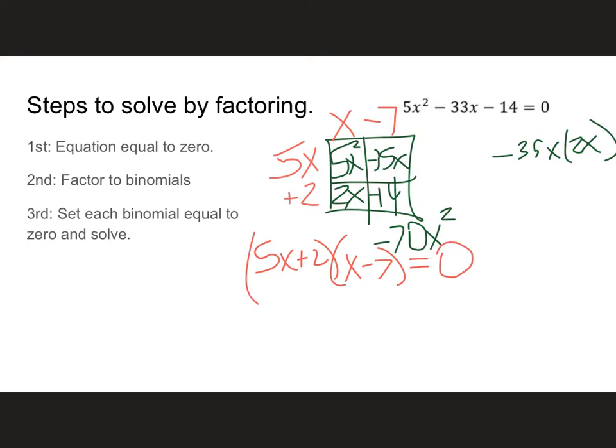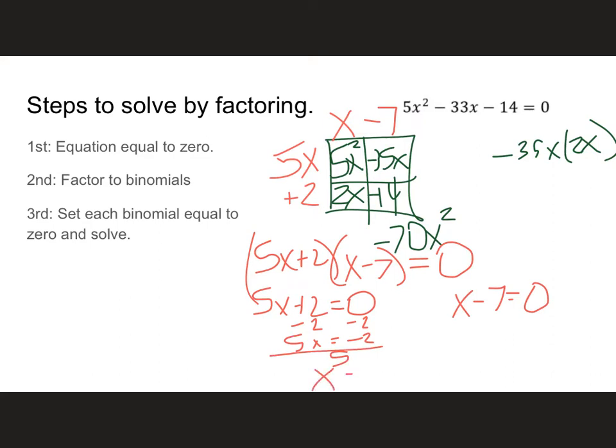Those together should equal 0. That means that either of those two can be 0. So if the 5x plus 2 is the one that equals 0, we could solve that. And if the x minus 7 equals 0, then we could solve that one. For the 5x plus 2, we would subtract 2. 5x equals negative 2, and then divide by 5. So one 0 would be at negative 2 fifths.